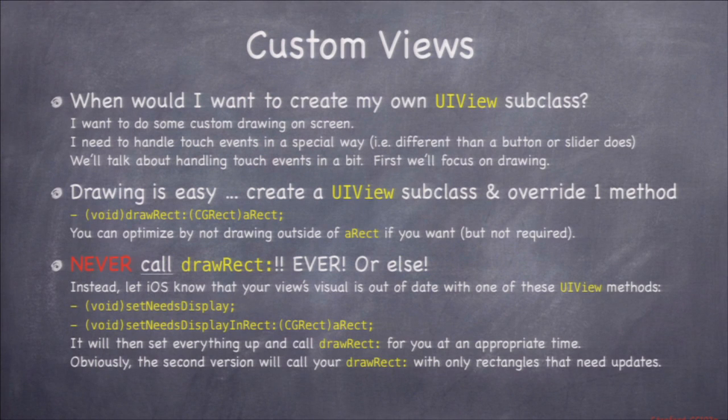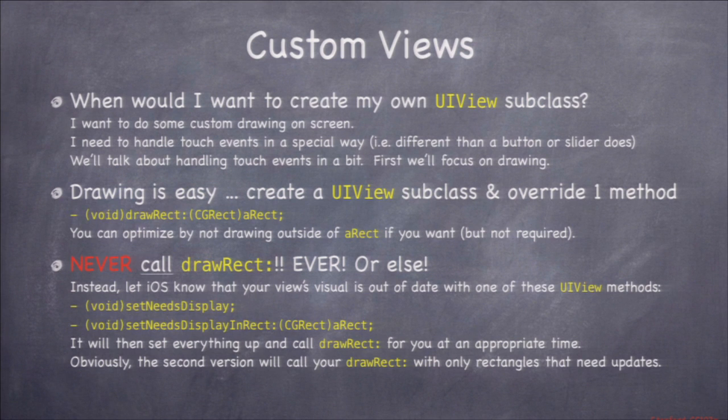So really important. Never call drawRect. If you call drawRect in a homework assignment in this class, you are going to get dinged because I'm putting it in red, never red, and I'm telling you, don't ever call drawRect. drawRect is for the system to call. Okay? If you want your view redrawn, you call the method setNeedsDisplay. And that tells the system this view needs to be redrawn. And then the system will call drawRect at an appropriate time.